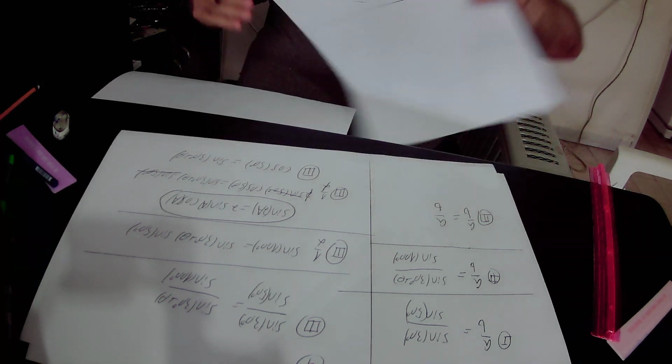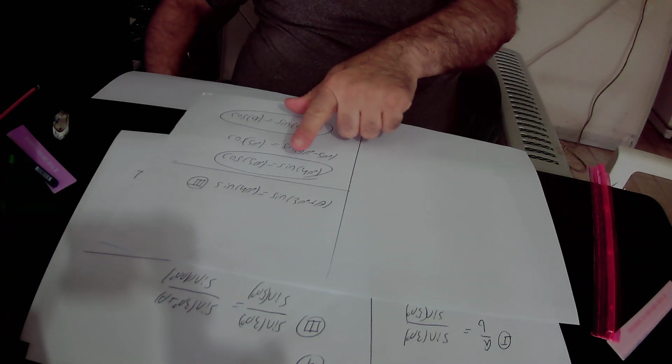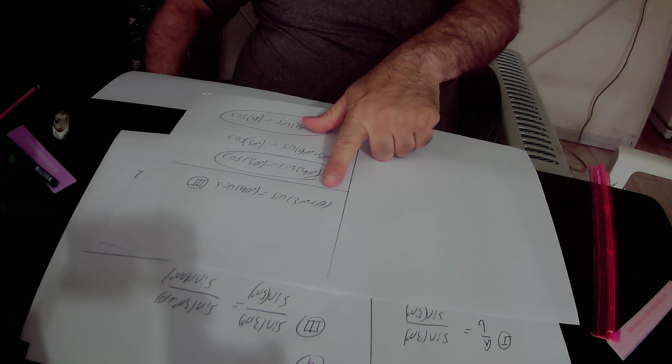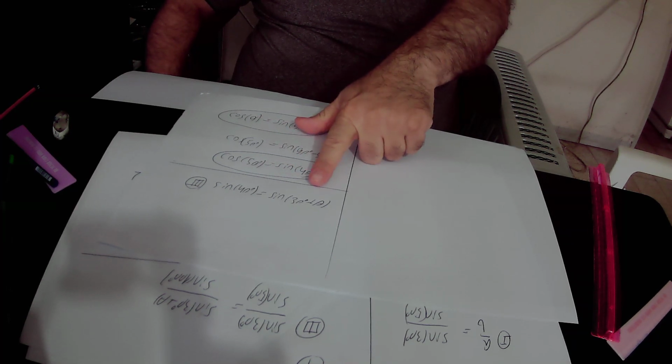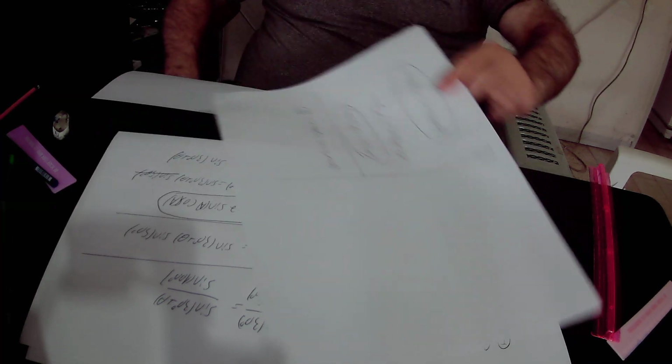So we found out that sine 40 degrees equals sine 30 degrees plus theta. That is to say, 40 degrees equals 30 degrees plus theta. Okay?